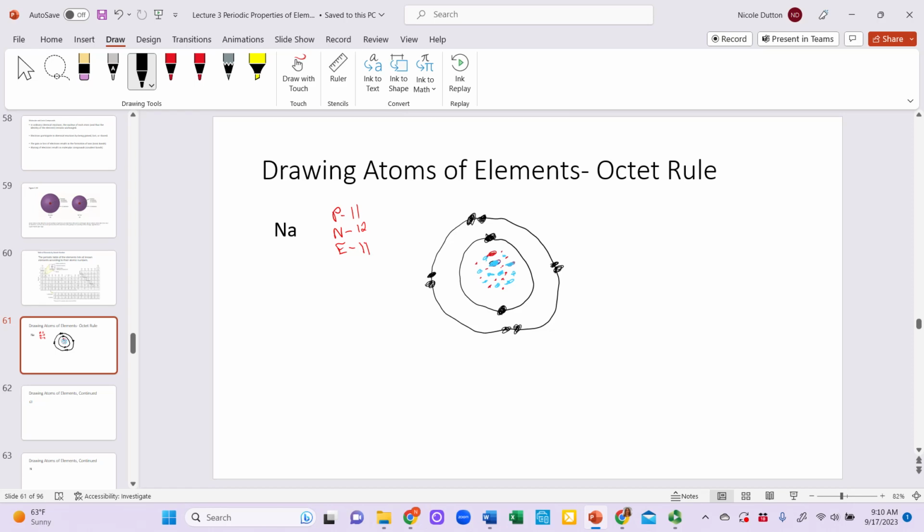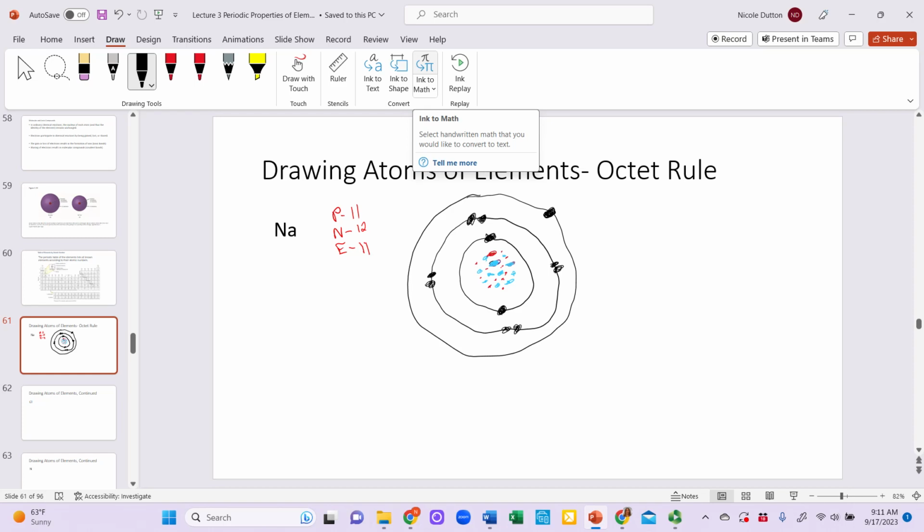We've got the 2 in the first ring, the 8 in the second ring, so we have to put 1 more ring. And this one only has 1 electron on it. So 1 electron in this outer cloud. When we have 1 electron in the outer cloud, this 1 electron is lonely. And again, I go back to relationships. This one doesn't like being alone by itself.